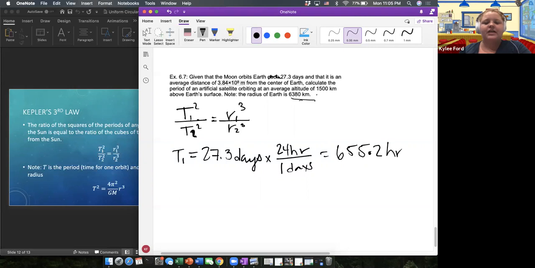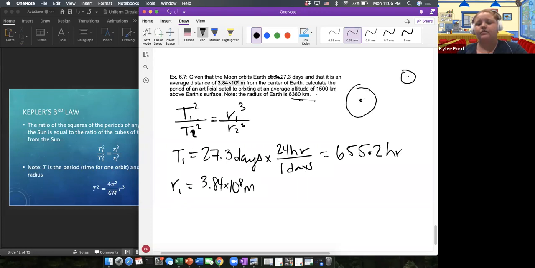Okay, and so now I'm looking at, it's given me an average distance. So R1 is 3.84 times 10 to the 8th meters. And the average altitude, which is almost its distance, right? Because remember when we're looking at a radius, we want to look from center of mass to center of mass, this distance. So if I'm looking at the Earth and the moon, my radius is from that center to that center.